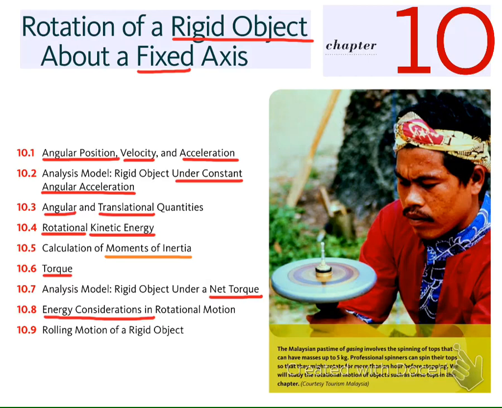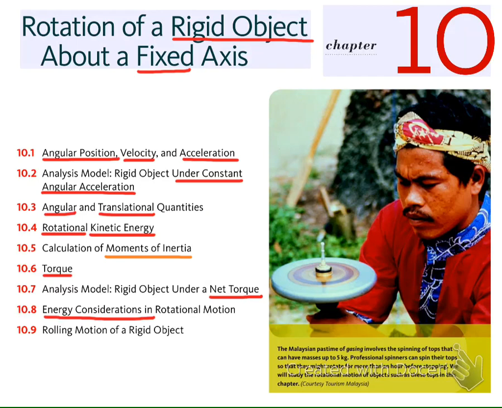It means that the direction of the axis remains the same, but the position of the axis may move with a constant speed, and together with the motion of the axis, we also have the rotation of the object.